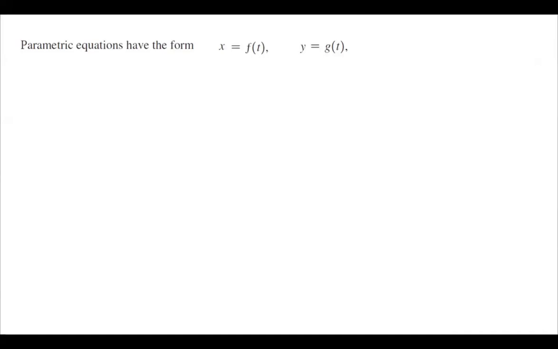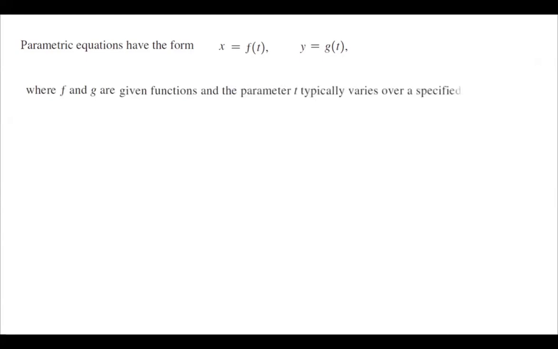So y depends on t and x also depends on t. f and g are given functions, and the parameter t typically changes over a specific interval, like closed interval a to b. So for example, if you think about time, you might be starting from the first second to the third second, or at the beginning, 0th second to the 10th second, and so on.